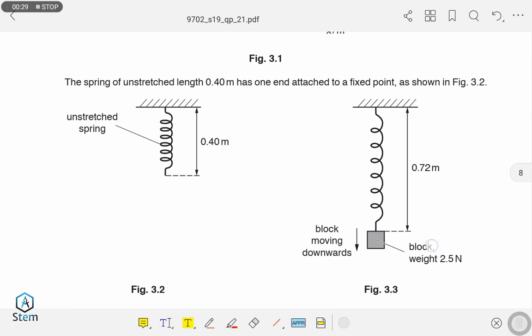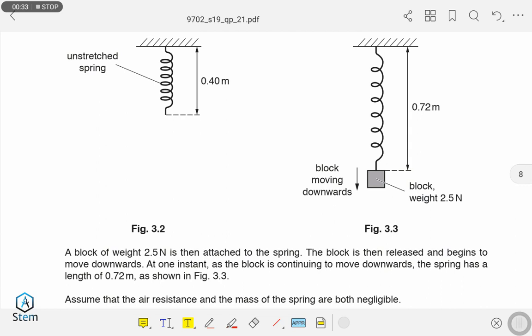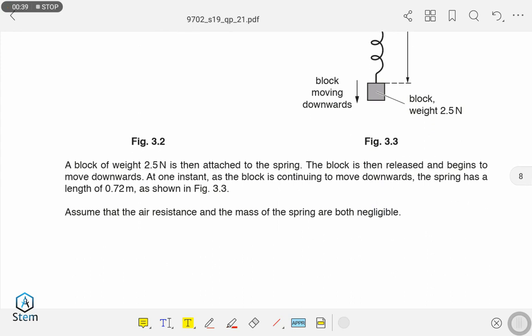We assume that this spring is still obeying Hooke's law and it is not past the elastic limit. A block of weight is attached, the block is then released, and assume the air resistance and the mass of the spring are both negligible. That's perfect.